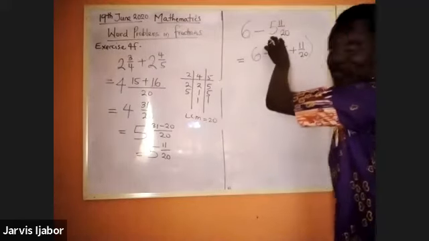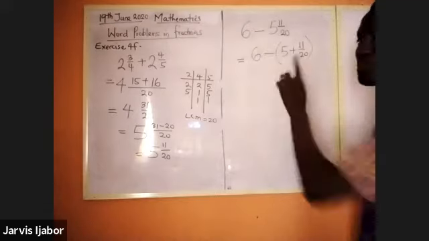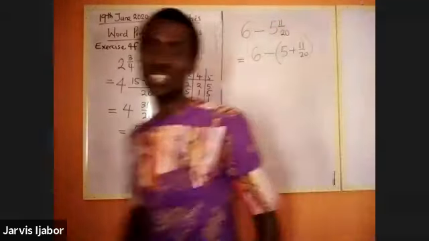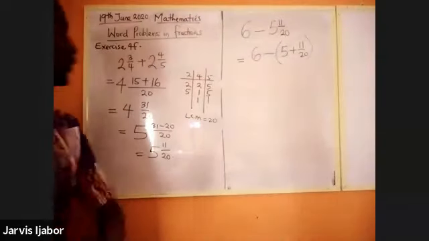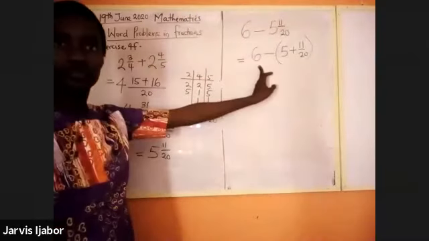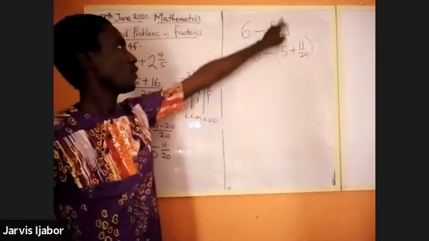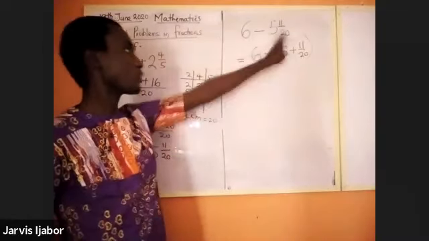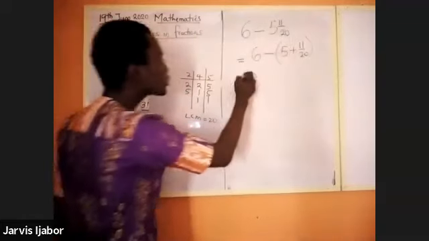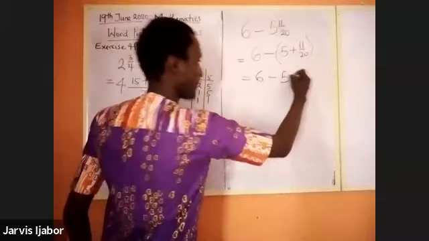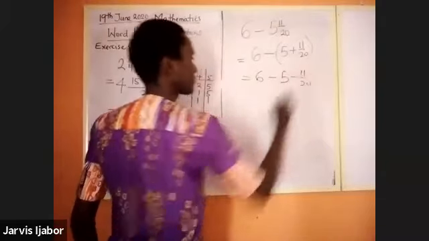This 5 11/20 means 5 plus 11/20. Let that one sink. This is added knowledge for you. So 6 minus 5 11/20 means 6 minus all of this, which will be equal to 6 minus 5 minus 11/20.